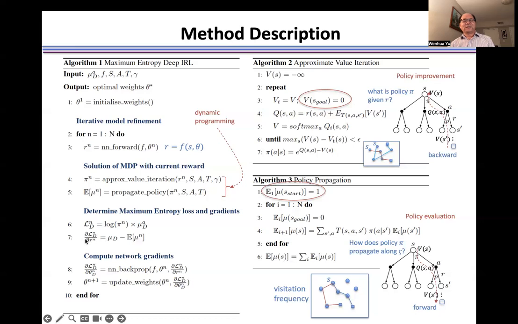And once we get this gradient, we can use it to update the model parameters theta. Once we get this theta, if you give me a new trajectory, I can use this neural network to estimate the reward function, and then I use the reward function in reinforcement learning to find the optimal policy for the agent.